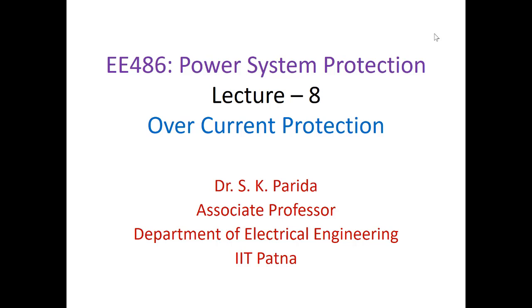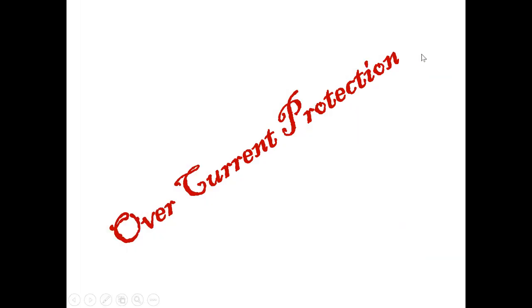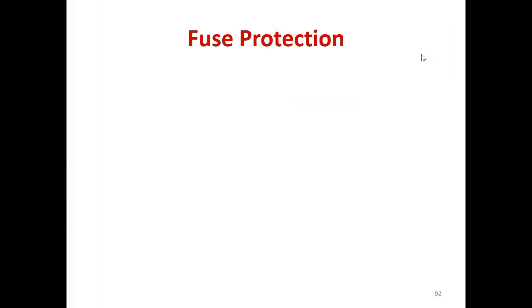First of all, we'll see the fuse protection, because the fuse also plays a very important role in overcurrent protection, and then we'll see overcurrent protection using the circuit breaker and the overcurrent relay. Particularly, we'll see different characteristics of the fuse and characteristics of the overcurrent relay. Okay, so let us start.